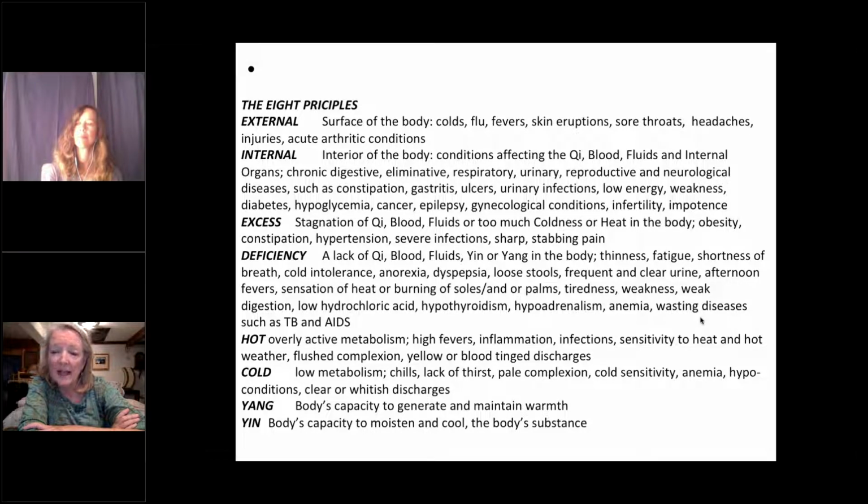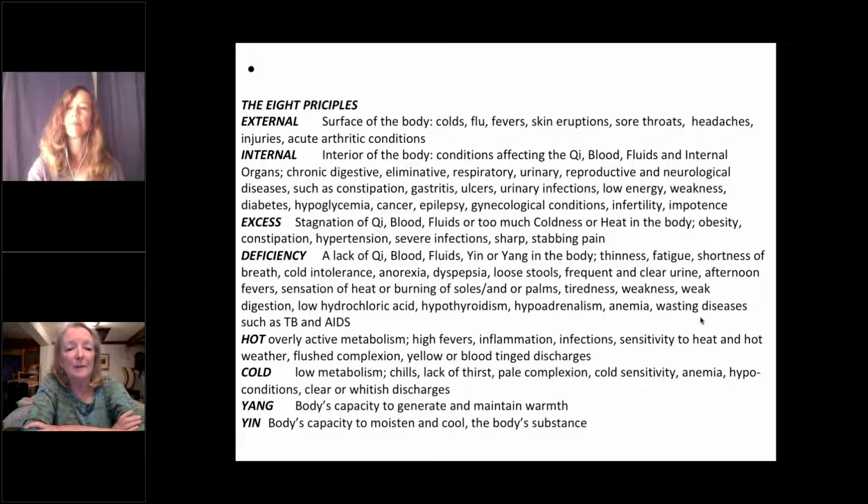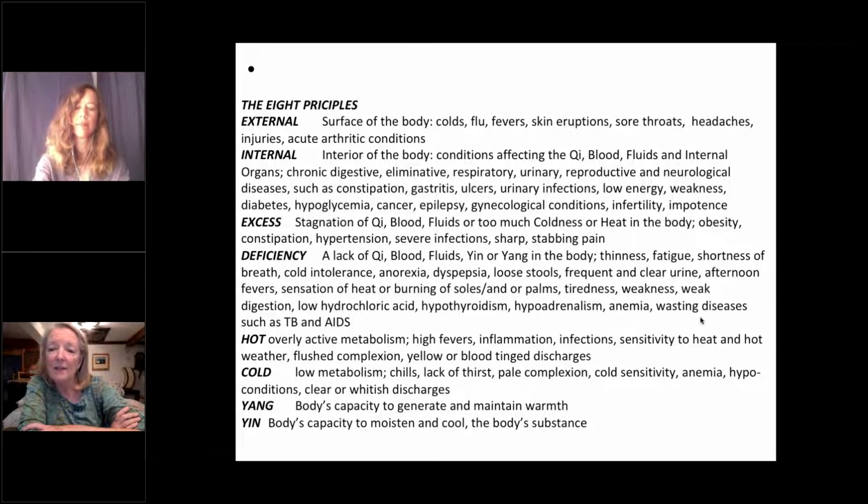That would be like a lot of cold dampness. You can have internal deficient hot in yin. That would be that deficient yin, like the oil, the empty heat or false heat. The oil is drying up. You can have internal excess cold yang.